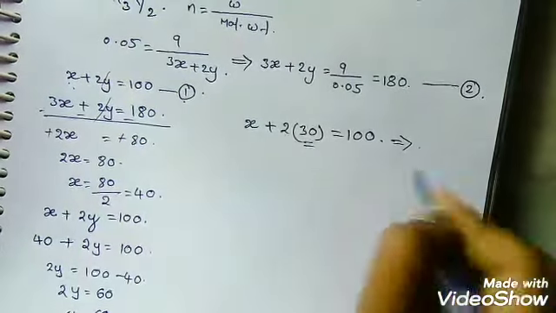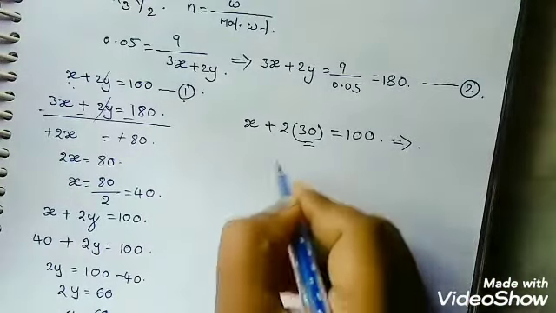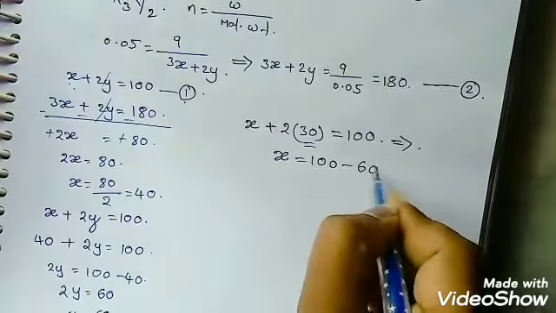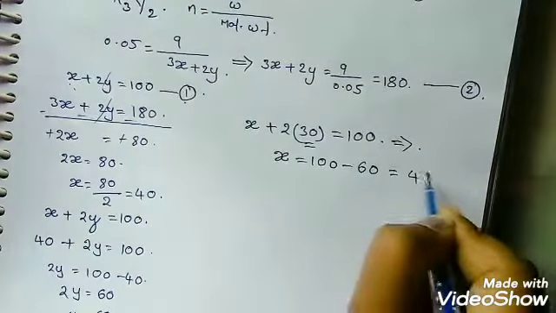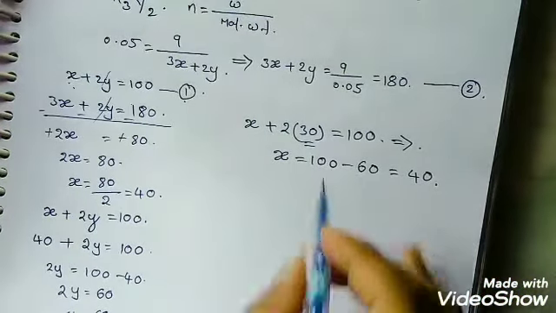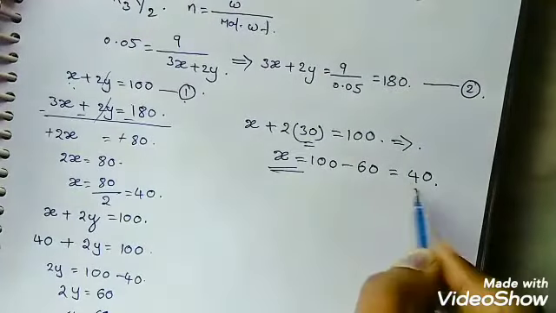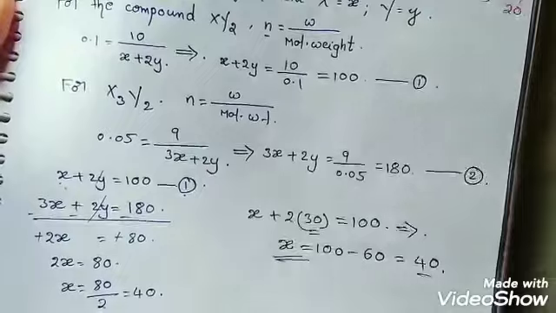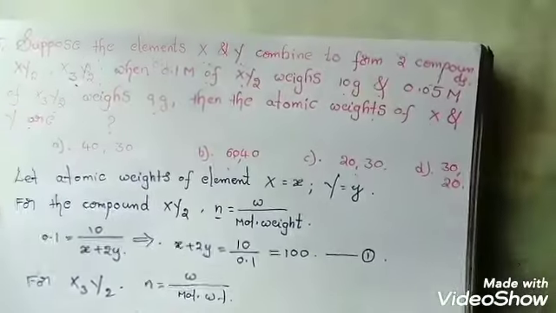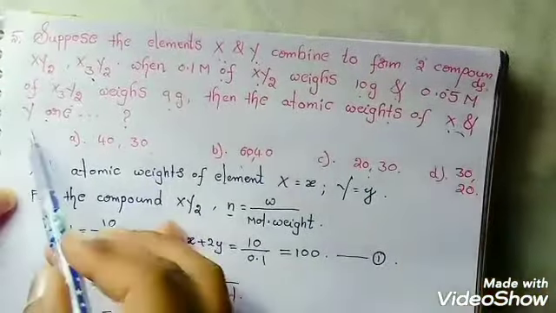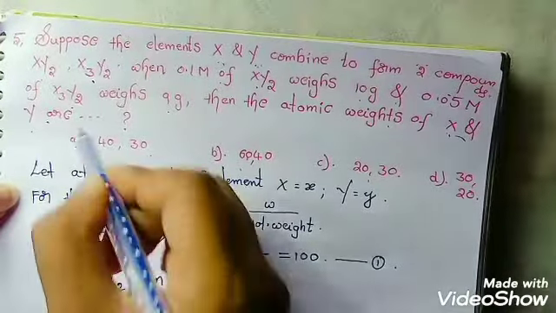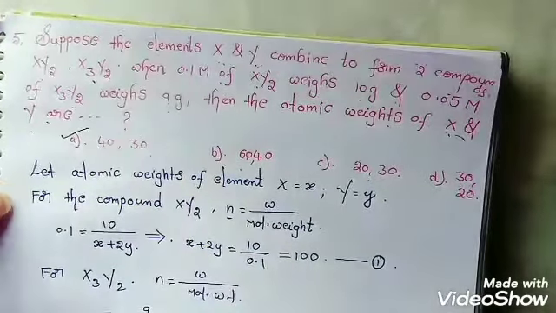That implies x is equal to 100 minus 60, that is 40. So students, we are getting the x value as 40 and the y value is 30. See the question, atomic weights of x and y. That is x is 40 and y is 30. Answer A is the correct one.